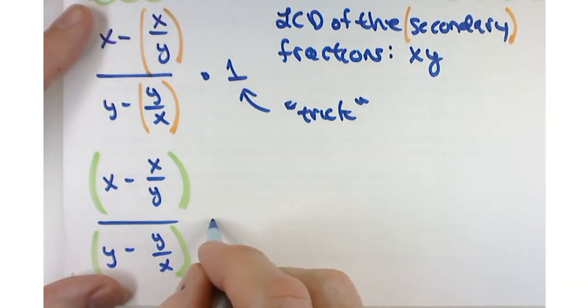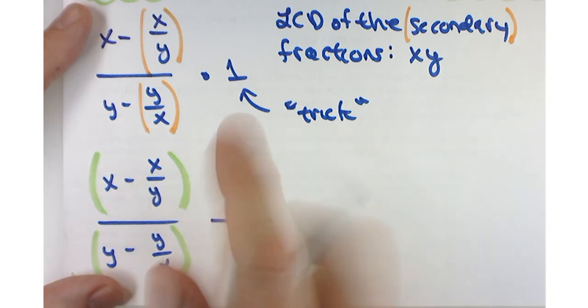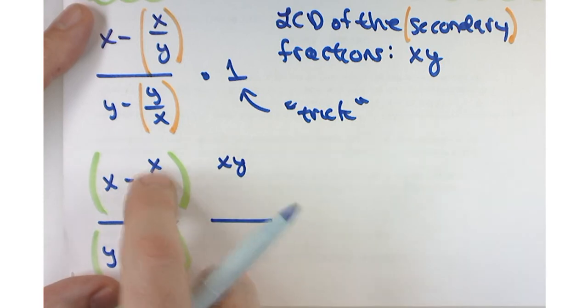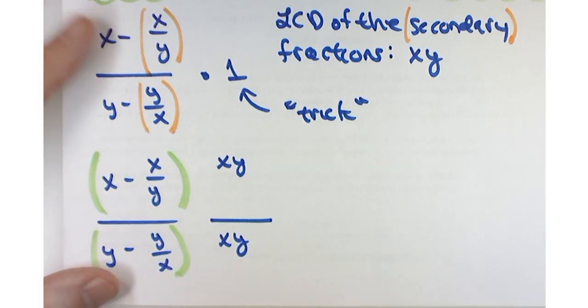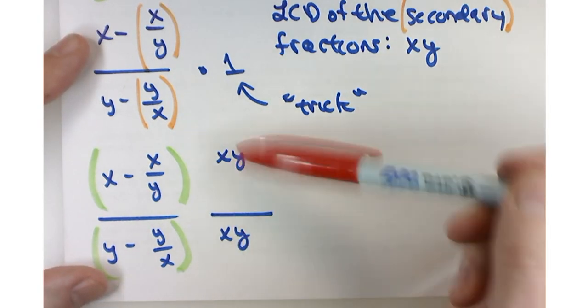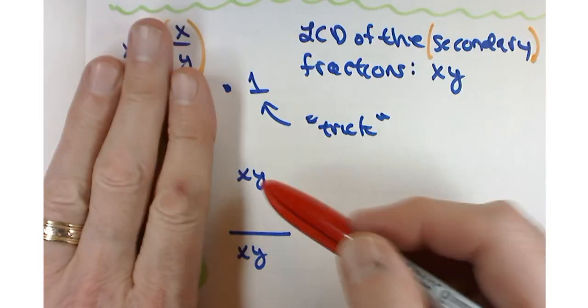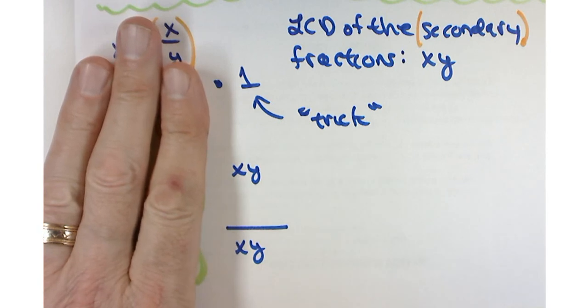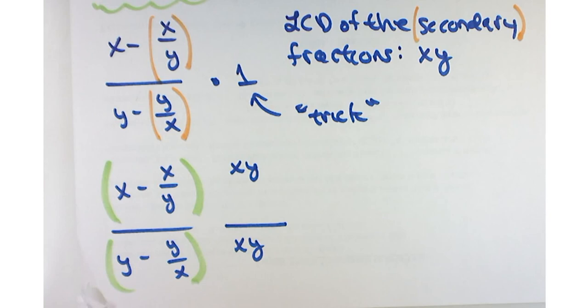That form of 1 I'm going to choose, and be careful, I'm going to write the xy up here next to this, and the xy down here next to that. The form of 1 I'm going to choose is xy over xy. How does that simplify? If I said, all right, simplify xy over xy, what does it simplify to? 1. Good. So it simplifies to 1.